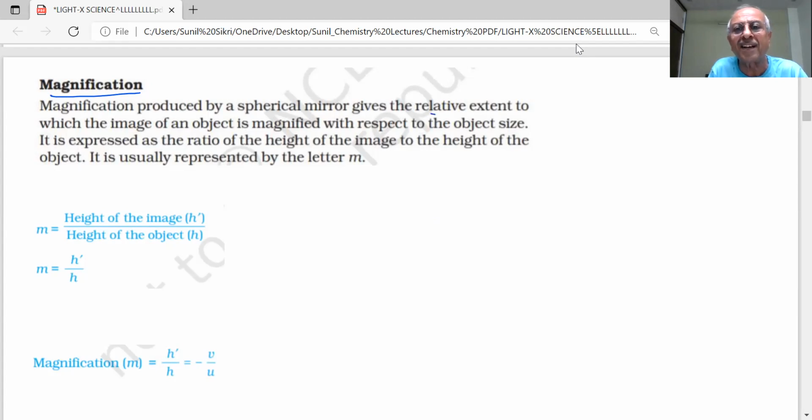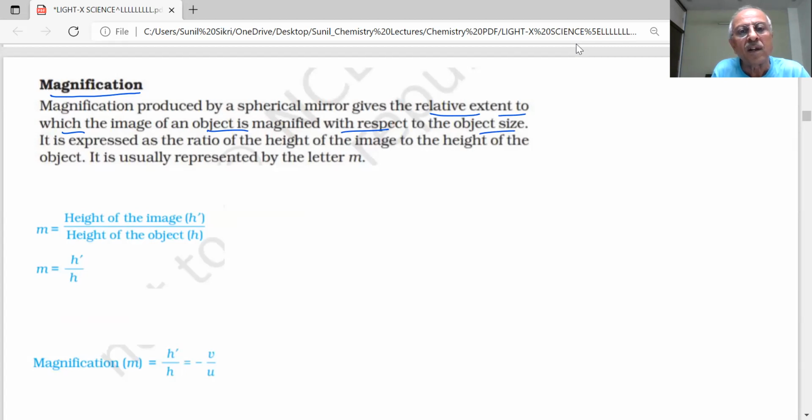This gives the relative extent to which the image of an object is magnified with respect to the object size. Comparison is always relative, whether the image is of the same size or smaller or larger than the size of the object. How do we find magnification? The ratio of the height of the image to the height of the object.